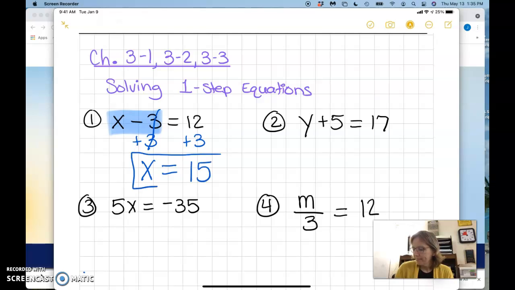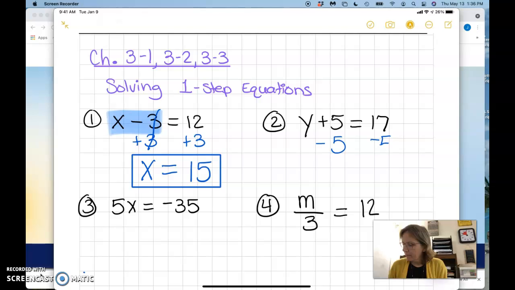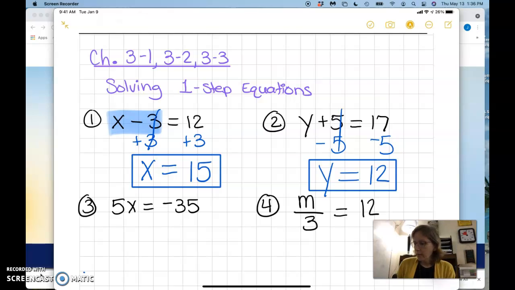Good. Okay, so one-step equations, pretty simple and straightforward. See if you can do the next one on your own. Yep. 12, nice. Okay, so hopefully you got 12 for that one.